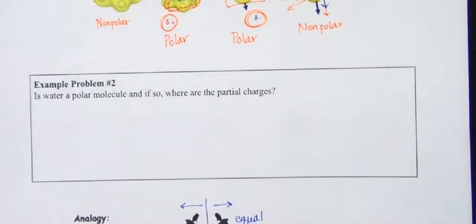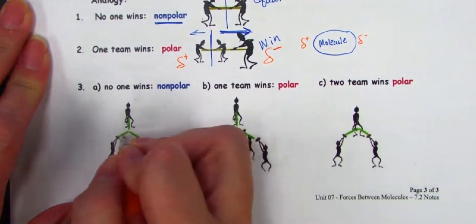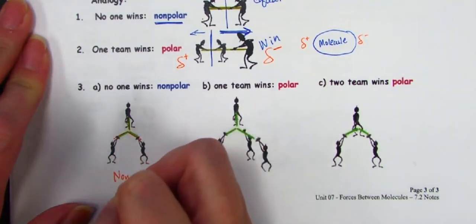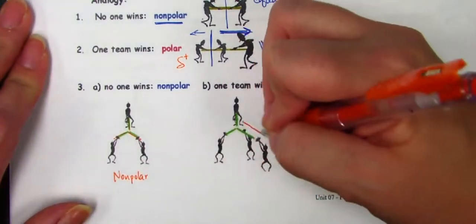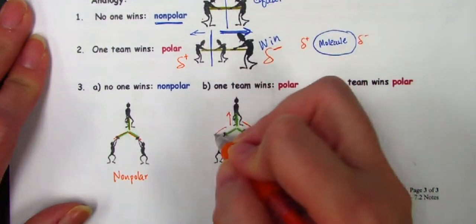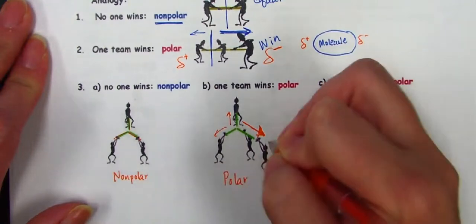All right. So if no one wins because they're all pulling equally in the tug of war, that's going to be nonpolar. If one team is pulling more than the other teams are, then there's going to be a winner. And so this is going to be polar. Here's my winner.